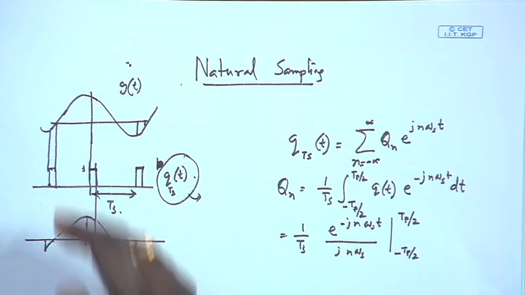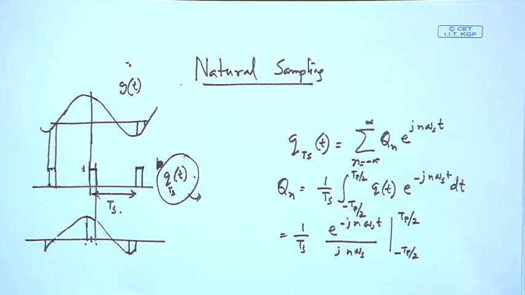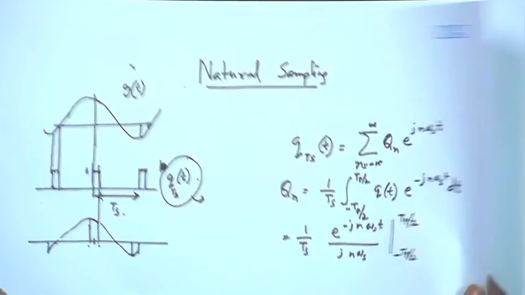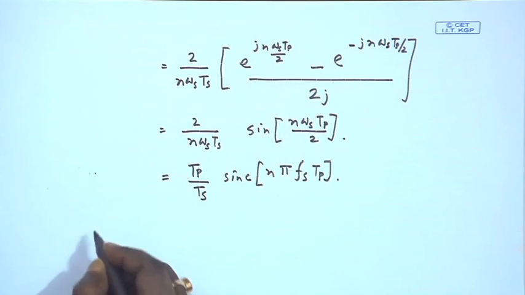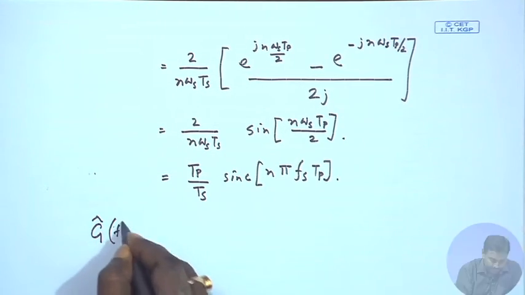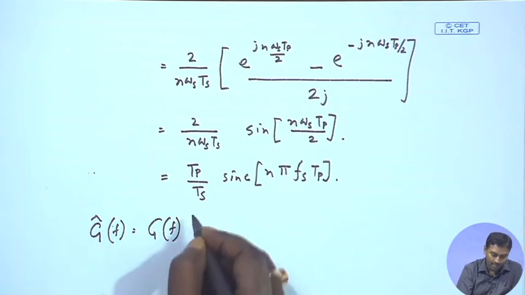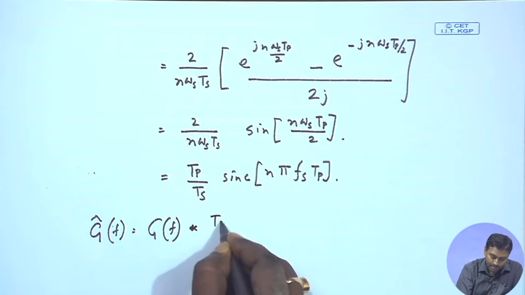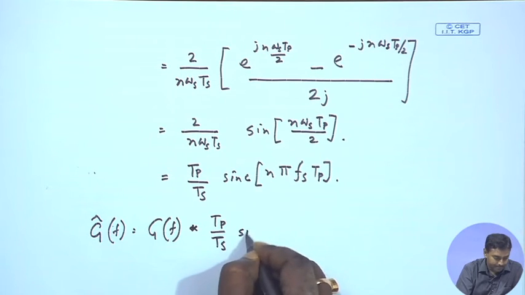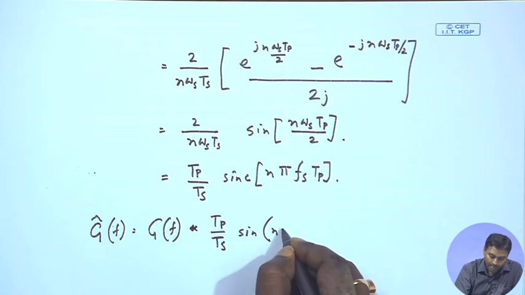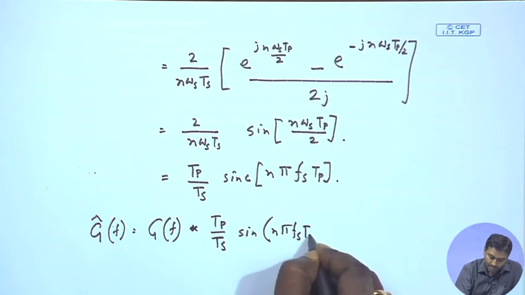Okay. So, now if these two signals are getting multiplied in the time domain exactly to create this, therefore, the Fourier transform of this one will be a convolution of G(f) and this one, fine. So, if I represent that as G tilde (f), that must be G(f), which is the original message signal, convolved with T_p by T_s sinc(n pi f_s T_p).